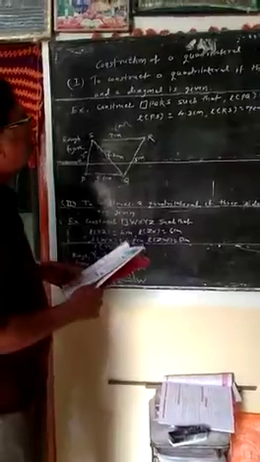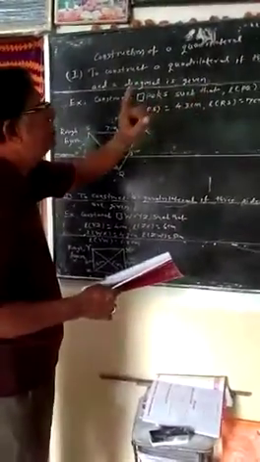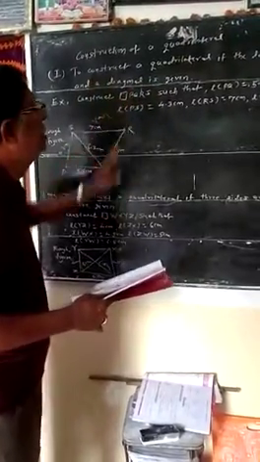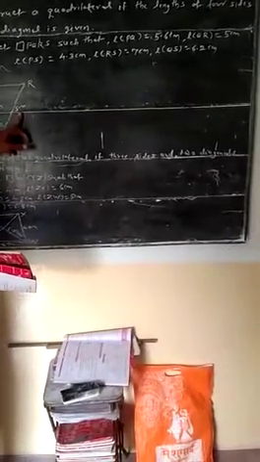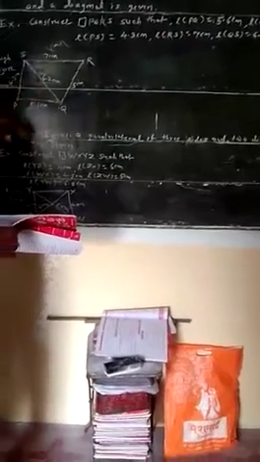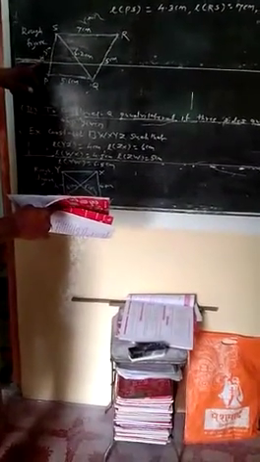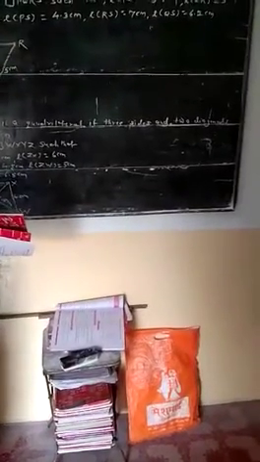So here, the lengths of four sides and a diagonal are given. Four sides are 4 elements and the diagonal is 1 element, so here 5 elements are given. The example is: construct quadrilateral PQRS such that the length of PQ is 5.6 centimeter, QR is 5 centimeter, PS is 4.3 centimeter, RS is 7 centimeter, and QS is 6.2 centimeters.